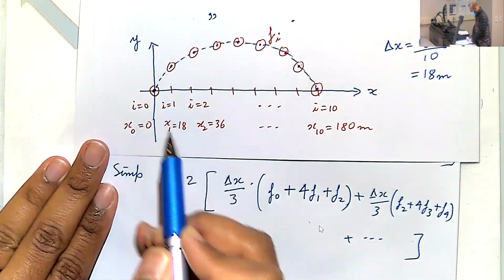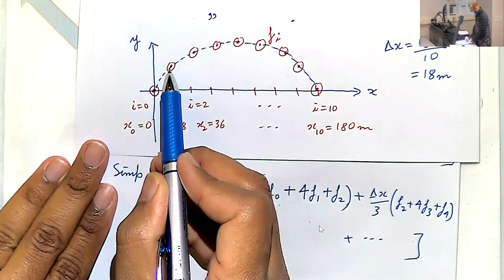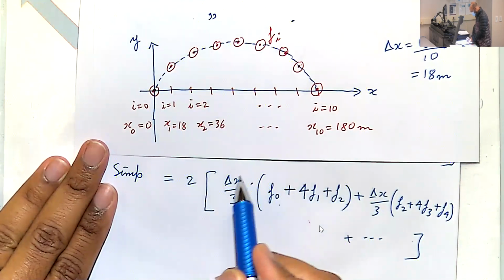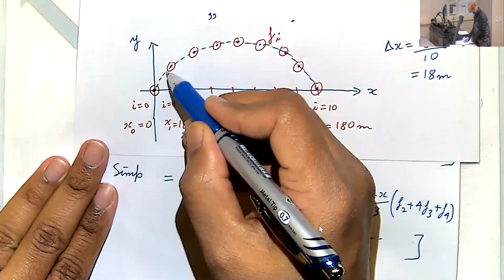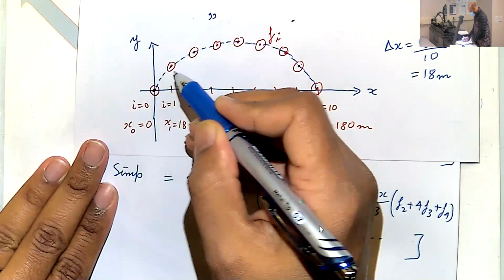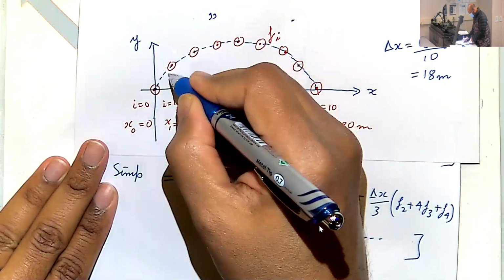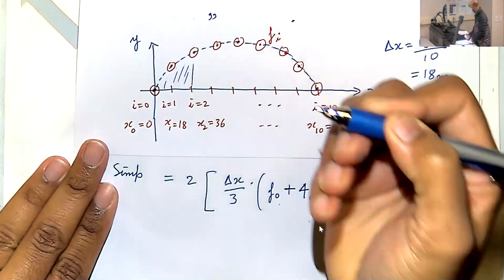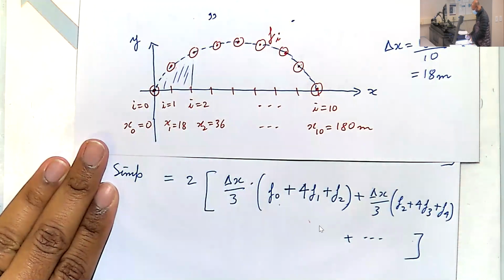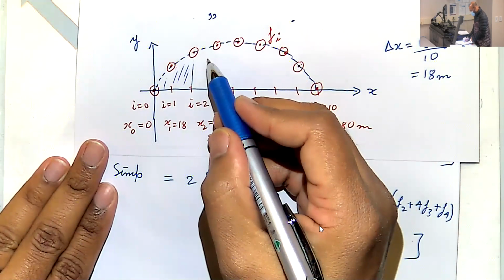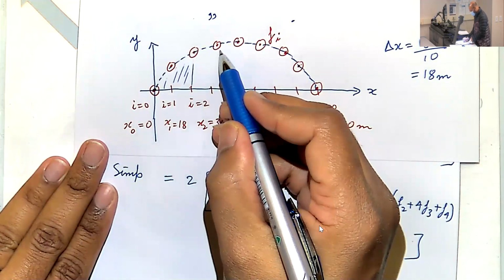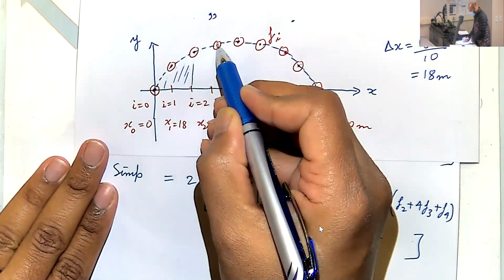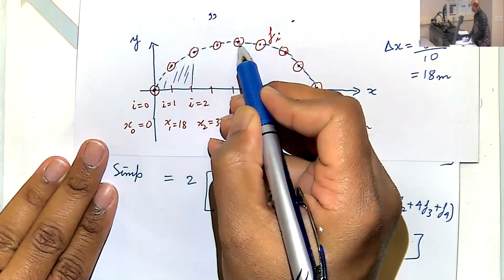First point is f0, second point is f1, third point is f2. That means the first 3 points are done, they are dealt with. Whatever's inside here has been computed. Then we move on to the second uncomputed section, which is point number 2, point number 3, point number 4.